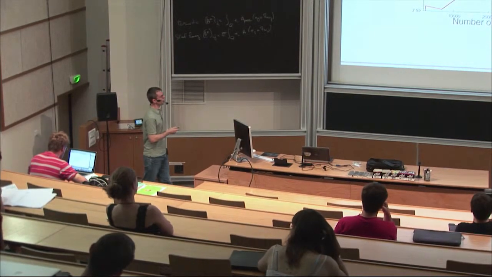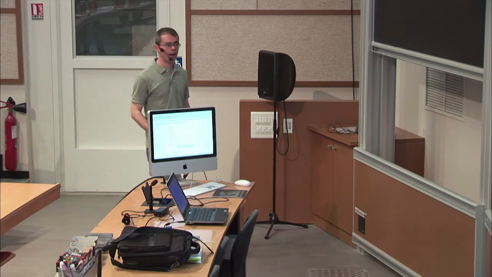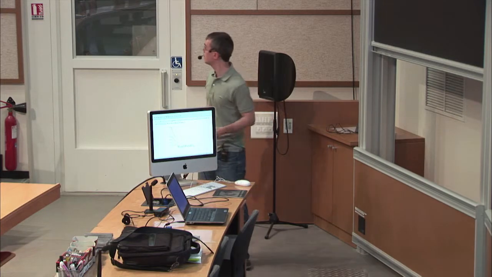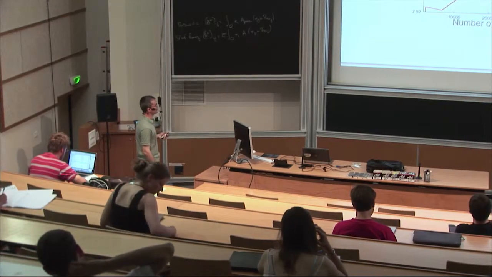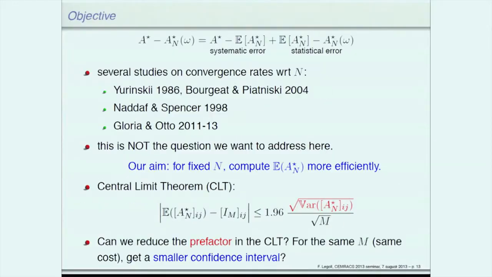Very good, but in practice I've got this computer here, and so what I can afford is to work at here 20,000, but not plus infinity. Okay, so all I'm going to address is I fix n. I'm not at n equal to plus infinity. I fix n, and I want to do something for this fixed n. Okay, so the idea is that the difference between A star and A star n at omega is made of a systematic error and a statistical error.